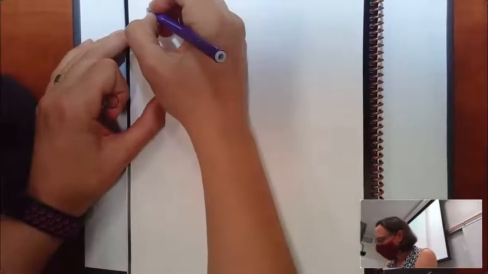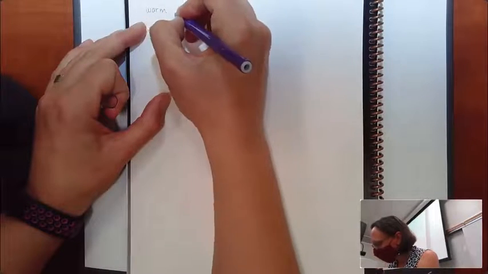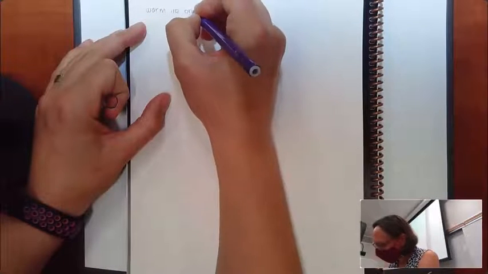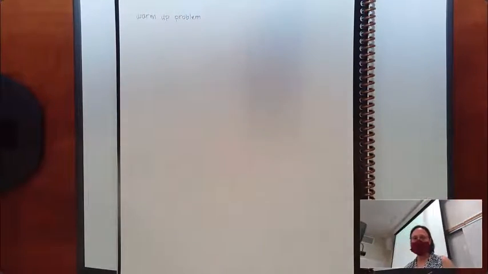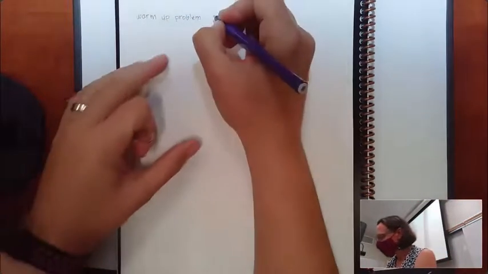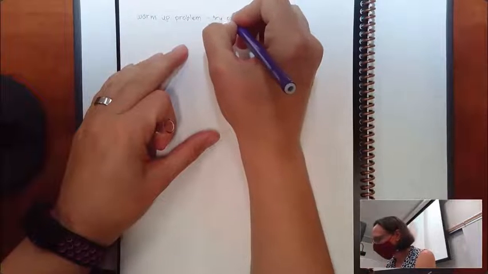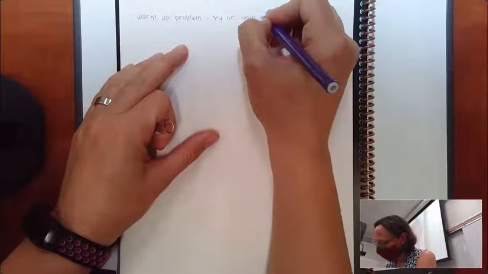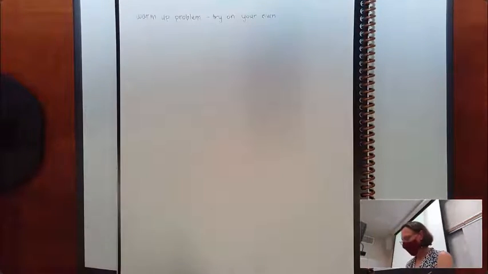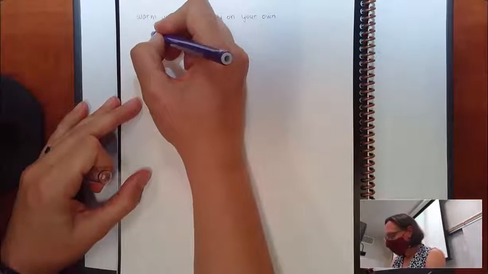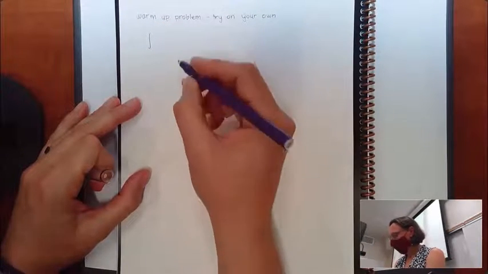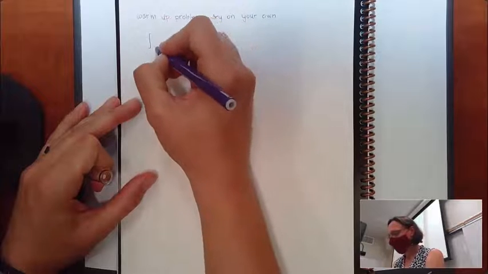Let me give you all a warm-up problem to try on your own. I'm going to do something that involves our fundamental theorem of calculus, but I'm going to keep it pretty straightforward.